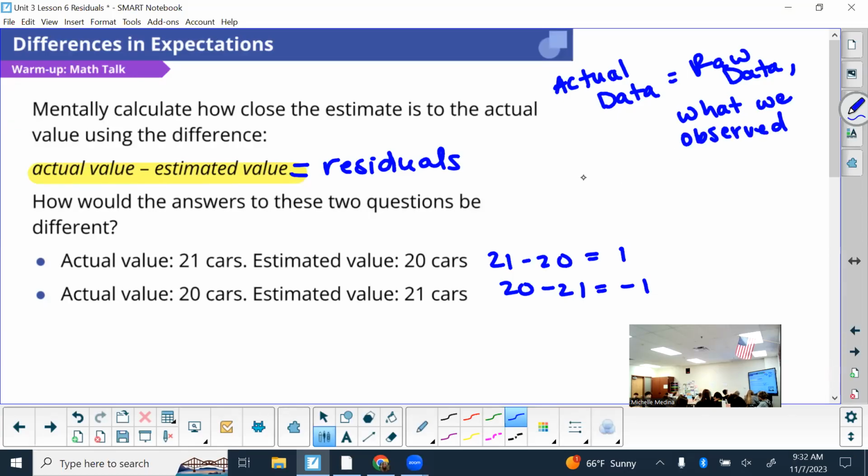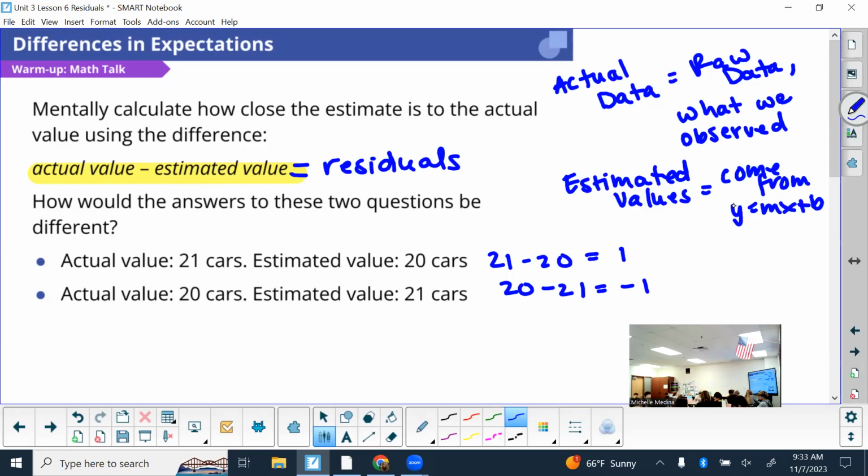And then we have estimated values. They come from your linear models, trend lines, whatever you want to call it. So estimated values, you could write, come from basically y equals mx plus b.